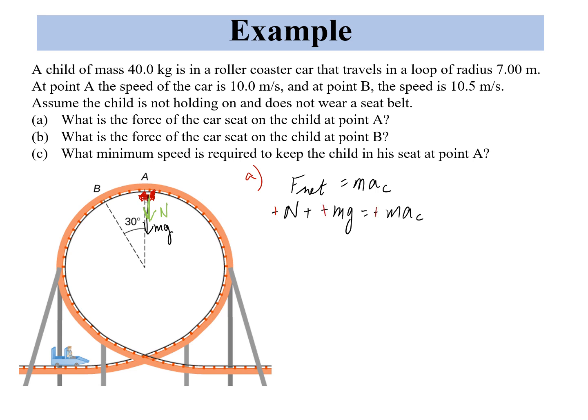Then we can solve for the normal force, which is normal equals mass times centripetal acceleration minus mass times gravity. Centripetal acceleration is v squared over r. So substitute that in, and then we can plug in the numbers.